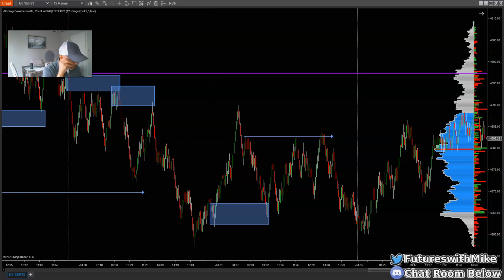I'm not really going to go into trade entries. I'm going to show a couple examples of what I'm talking about as far as the setup itself, because people always ask, what should I be looking for when it comes to identifying supply and demand zones?